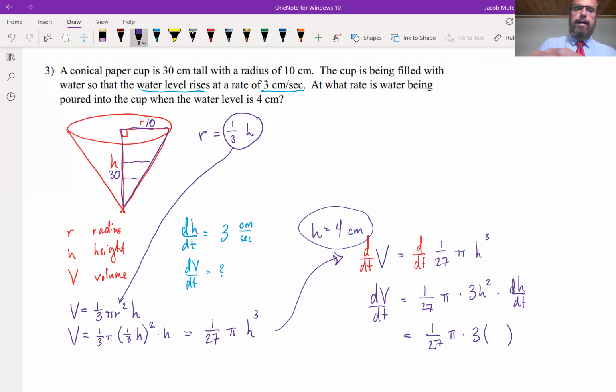We had pulled that out of the equation, so I'm going to substitute that in, 4 centimeters squared. And lastly, I'll make a substitution for dh/dt. That was given to us as 3 centimeters per second.